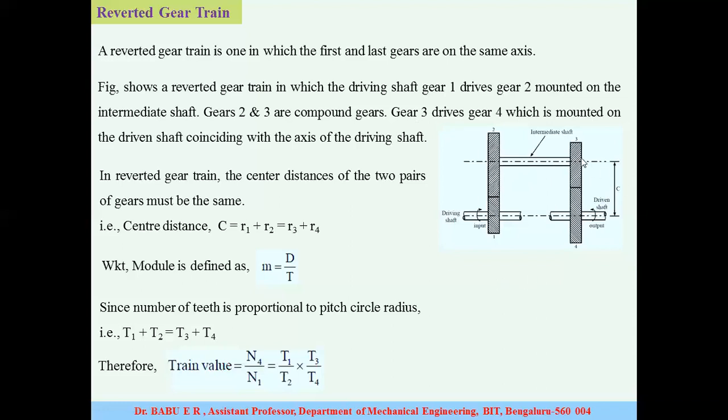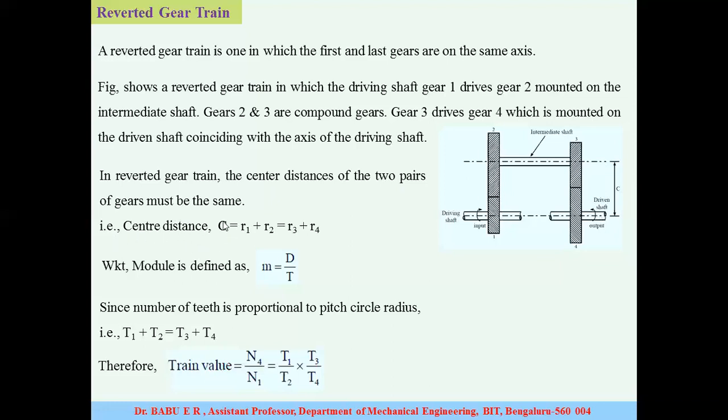When you see this configuration diagram, the distance between the centers of the shafts is represented by C. This we call the center distance. In a reverted gear train, the center distances of the two pairs of gears must be the same. Between these two pairs, the center distance remains the same.